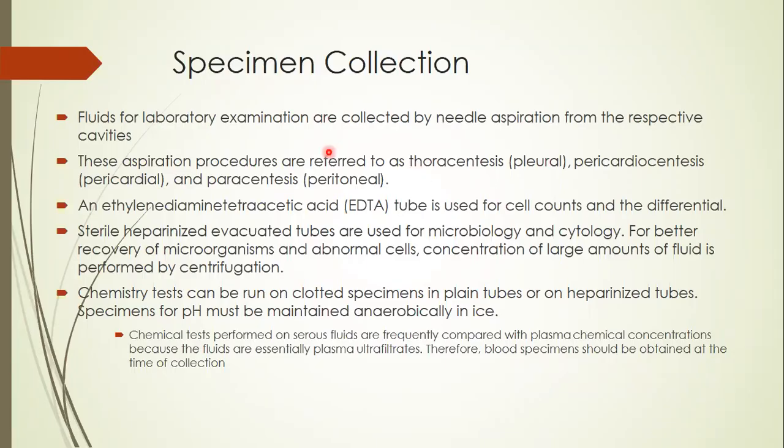So if the needle aspiration is done to collect pleural fluid, we call it thoracentesis. If the needle aspiration is done to collect pericardial fluid, we call it pericardiocentesis. And if peritoneal fluid is collected, we call it paracentesis.